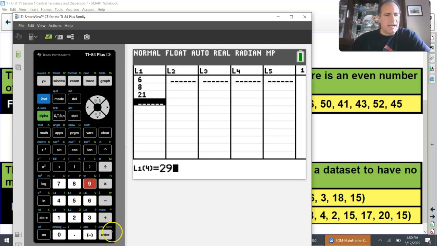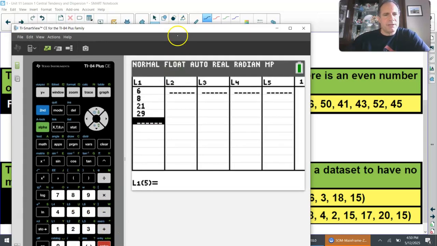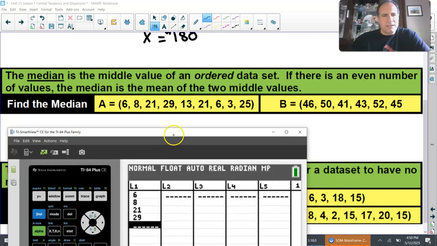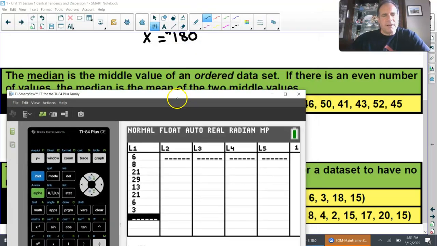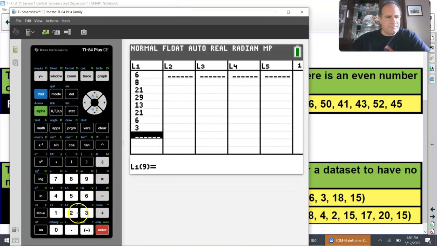The beauty of that is that you don't have to put it in order. 13, 21, 6, and 3. And then the final number is 25. And we're going to press Enter.